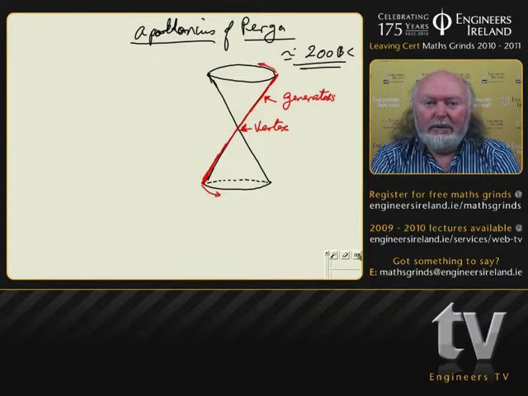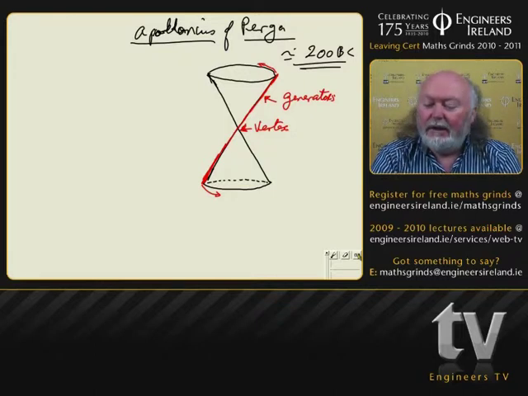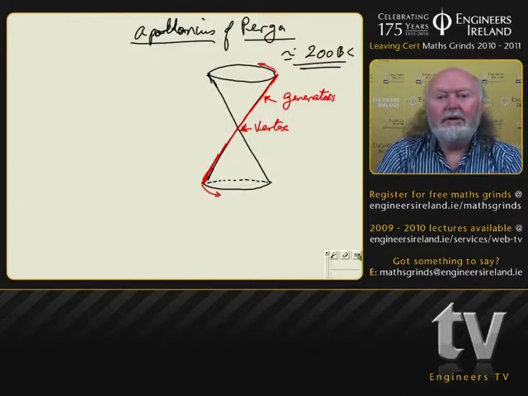I'm not going to go into any further detail in relation to how you can get an ellipse, a circle, a parabola, or hyperbola here. I just want you to know that what we'll be looking at started 2,250 years ago on a study of a simple plane cutting through this shape.